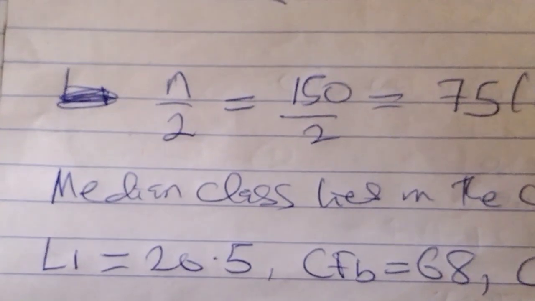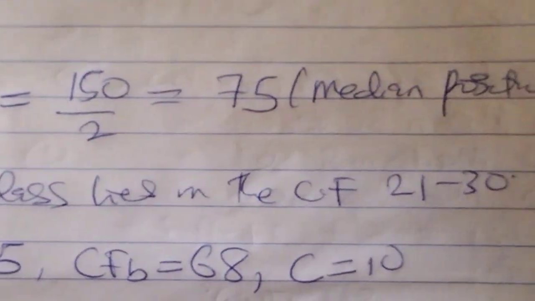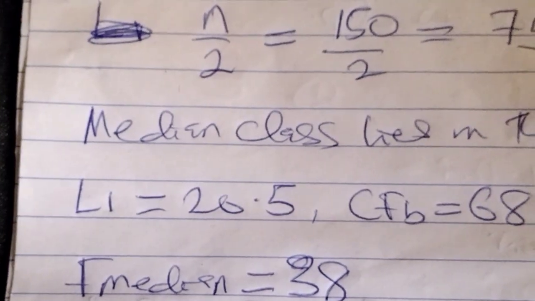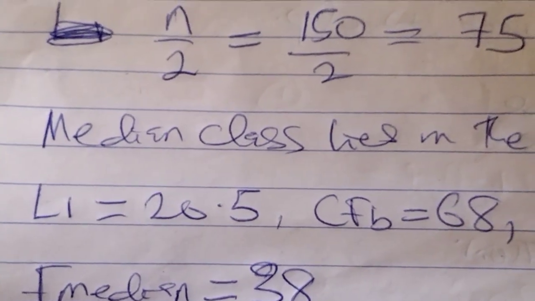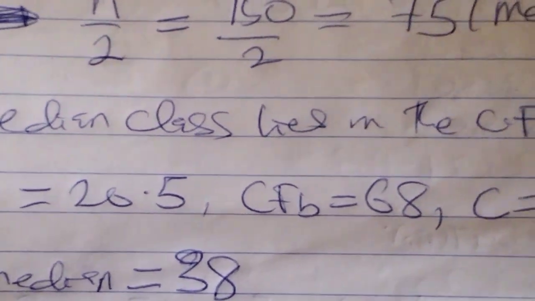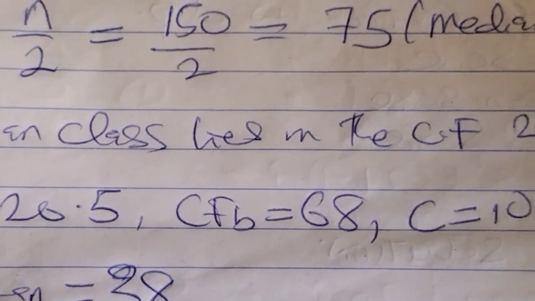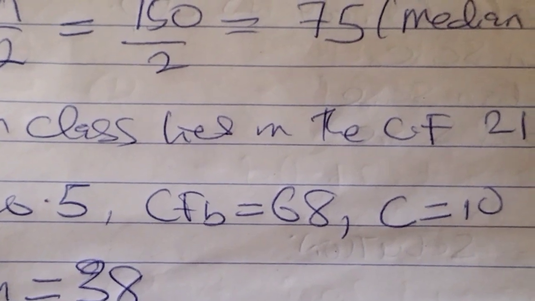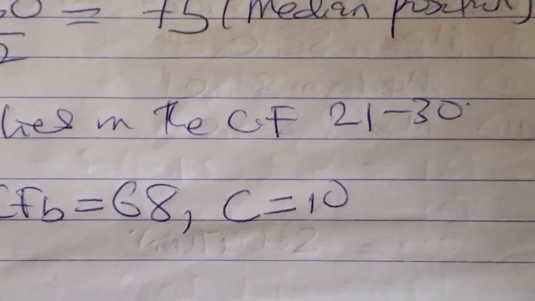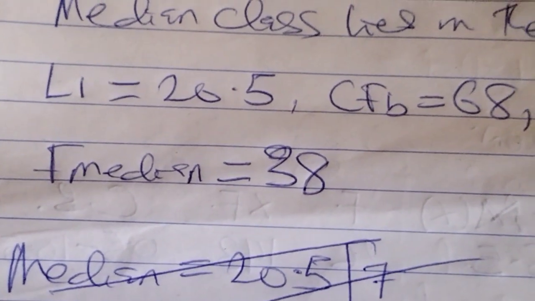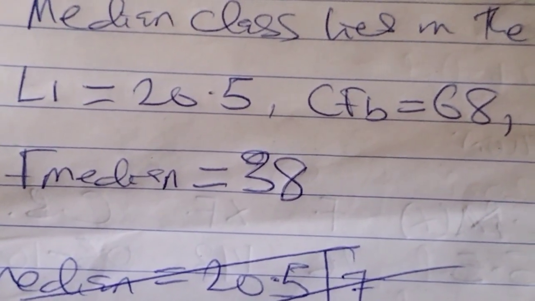The median class lies in 21 to 30 from our table. Then L1, the lower class boundary of the median class, is 20.5. Then CFB, the cumulative frequency before the median class, is 68. Then the class size is 10. The median frequency is 38 from the table.